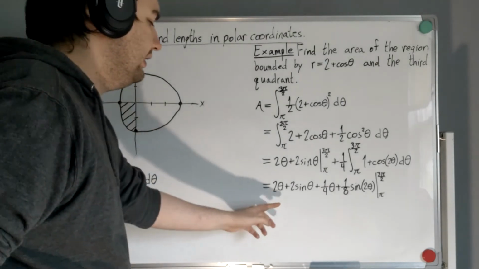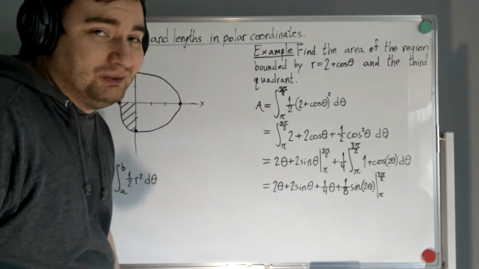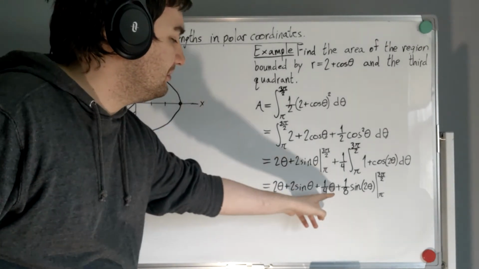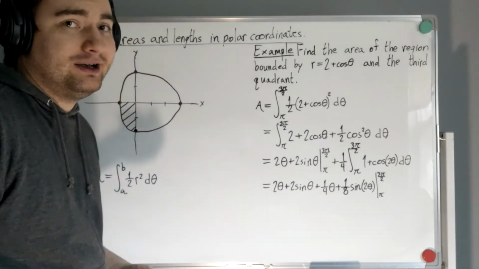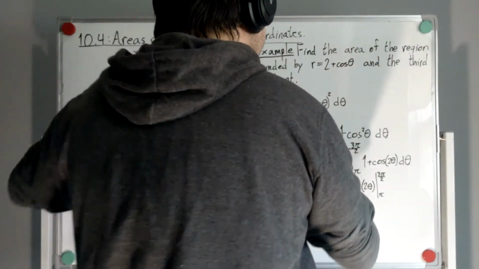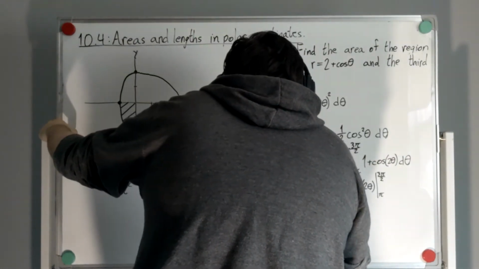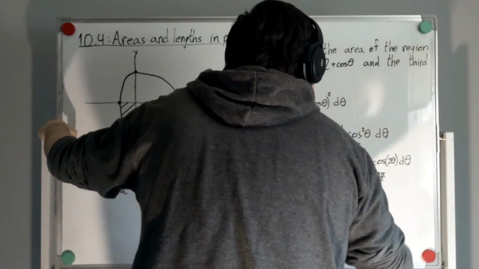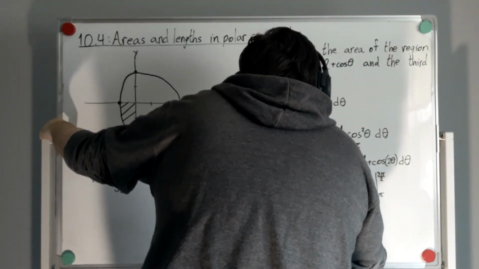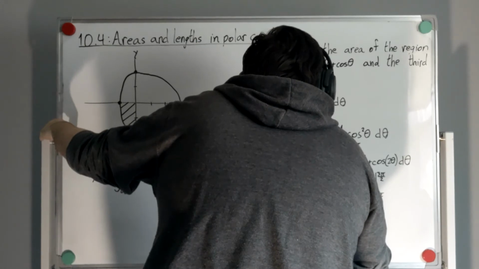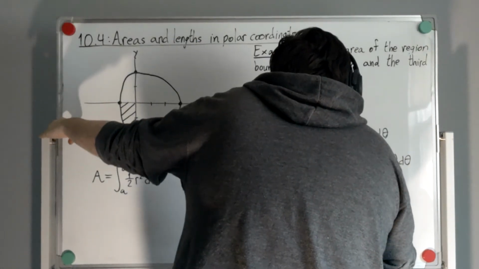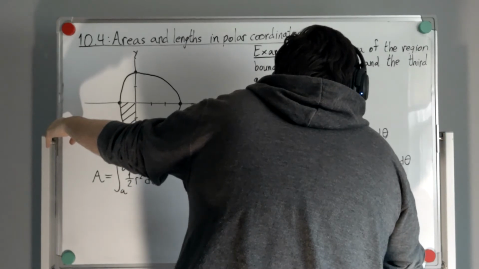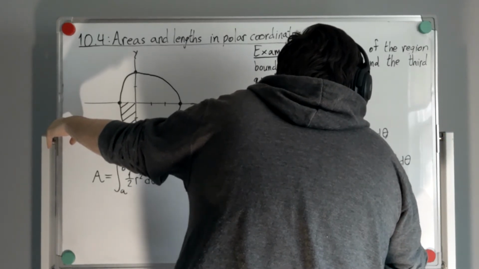All right, so first of all, I want to combine these two like terms just because it annoys me. 2 plus 1/4 is 9/4. So we have 9/4 theta evaluated from pi to 3 pi over 2. And we have 2 sine theta evaluated from pi to 3 pi over 2. And we have 1/8 sine 2 theta evaluated from pi to 3 pi over 2.